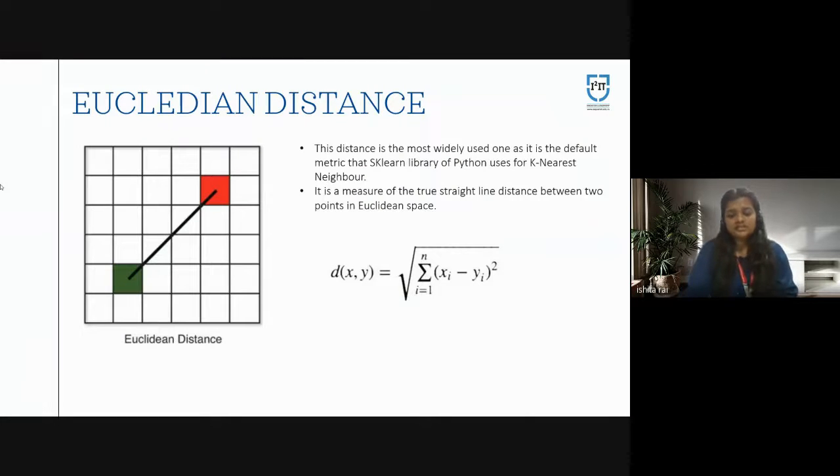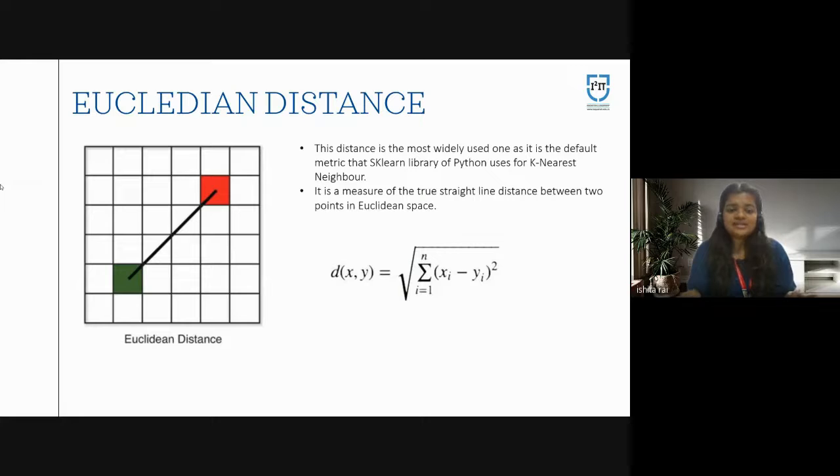The first one is the Euclidean distance. What is Euclidean distance? It is used by default in the KNN algorithm while implementing it. It is the distance between 2 points, a measure of the true straight line between the two points in Euclidean space.